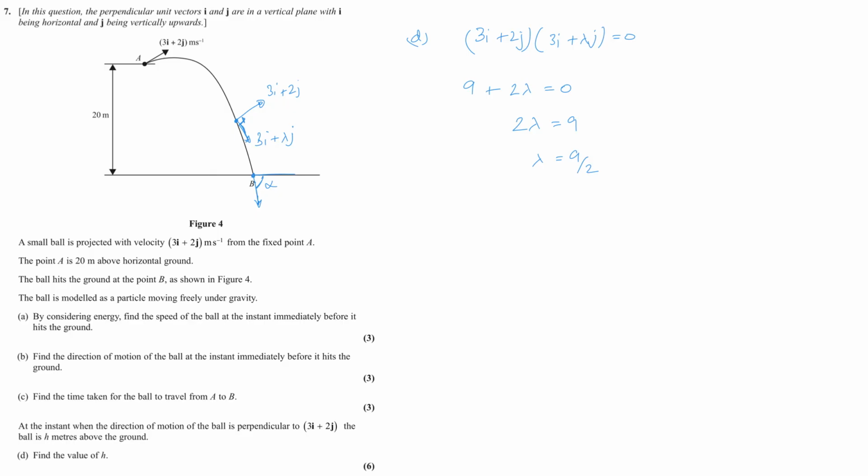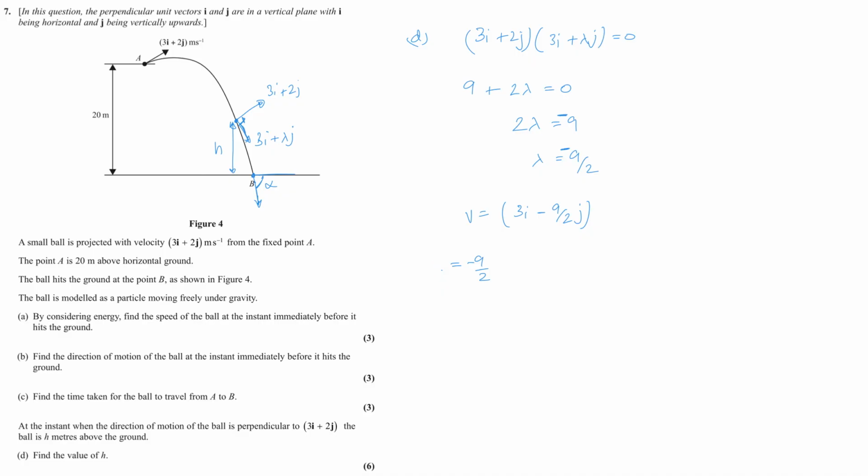So the velocity is going at 3i, hang on, so that's a minus 9 over 2 j. That's the velocity when the height there is h. So v equals minus 9 over 2 for that vertical height.